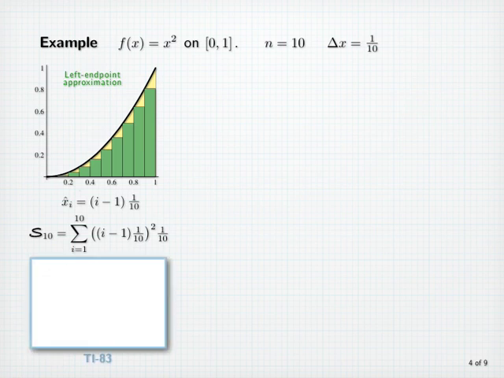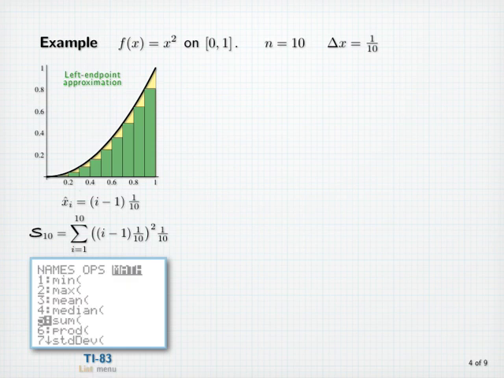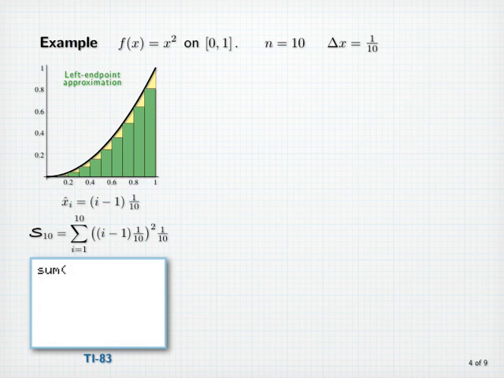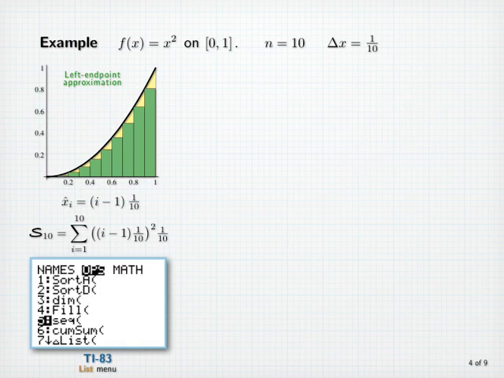Now let's indicate how this calculation can be done on a TI-83 calculator. We'll bring up the list menu and look under the submenu Math and choose the function sum. Then we'll go back to the list menu and look under Ops and choose the function seq.